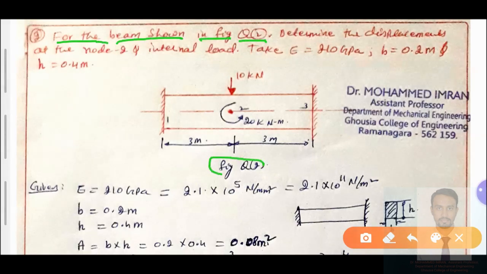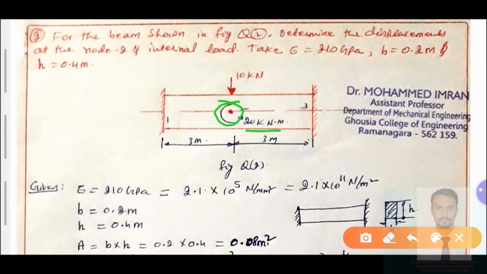Here the figure Q2 is given. The beam is fixed on both ends. At the mid of the span of the beam element, a transverse load of 10 kilonewton has been applied, and the moment about the mid of the beam is 20 kilonewton meter.